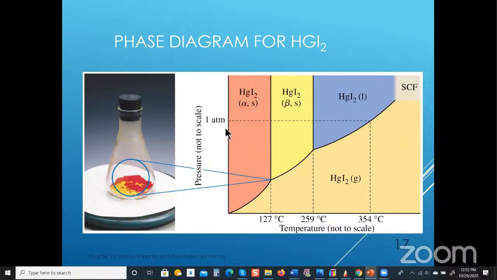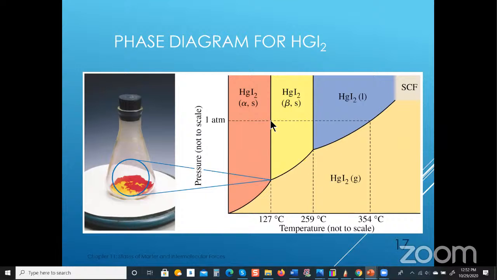So at 1 atmosphere, for example, where the pressure is the regular atmospheric pressure, the boiling point is 354 degrees Celsius. The melting point of the mercury iodide is 259 degrees Celsius.